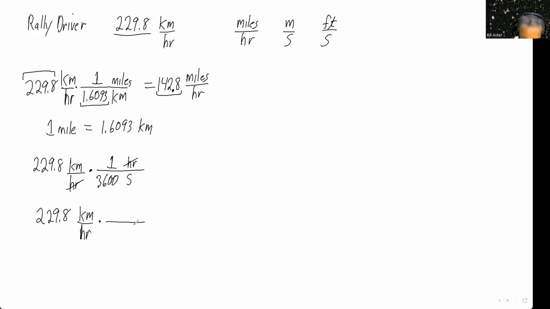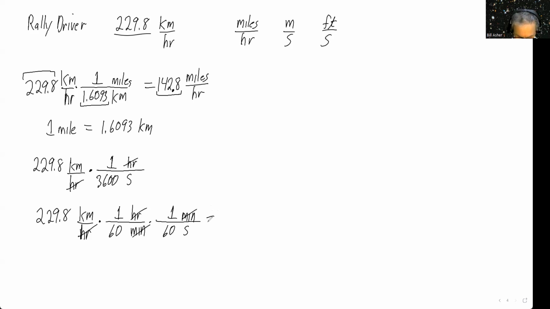And the first thing I'm going to do is convert hours to minutes, and then convert minutes to seconds. So there is 1 hour for 60 minutes, and there is 1 minute for 60 seconds, right? And so hours will cancel hours, and minutes will cancel minutes, leaving me with seconds.